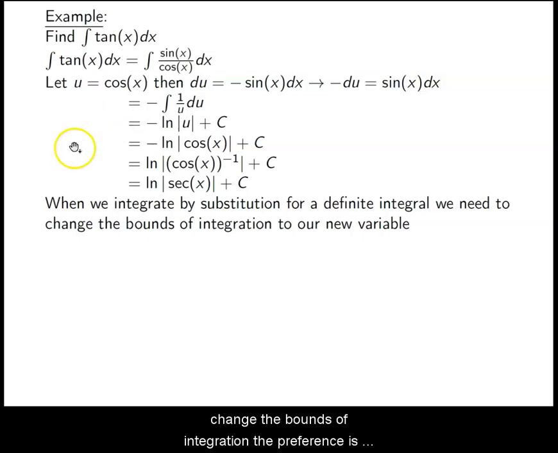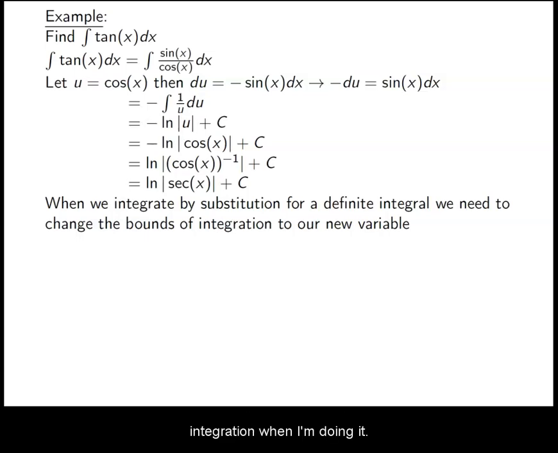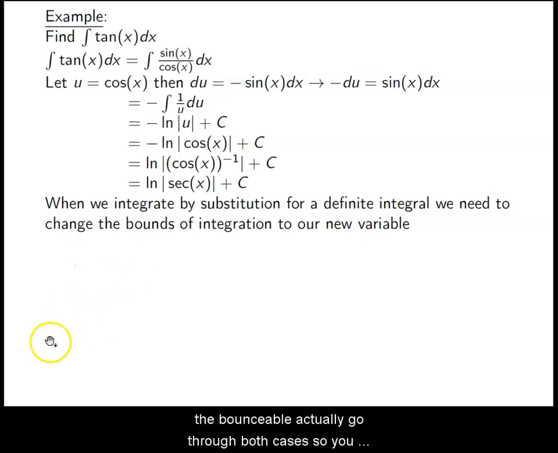The preference is really up to you. Personally, I prefer to not change the bounds when I'm doing a definite integral, but sometimes it's a lot easier just to change the bounds. So we'll go through both cases so that you can choose which one is preferable to you.